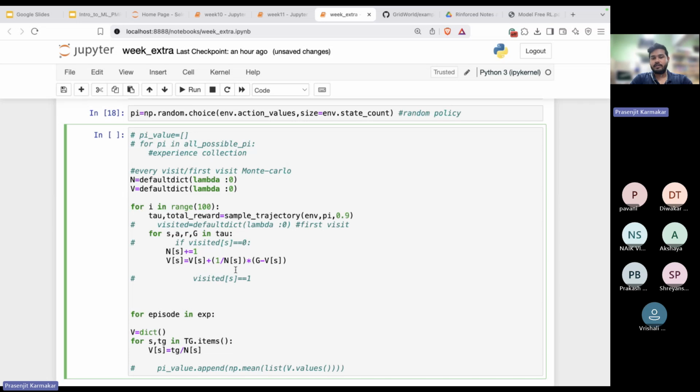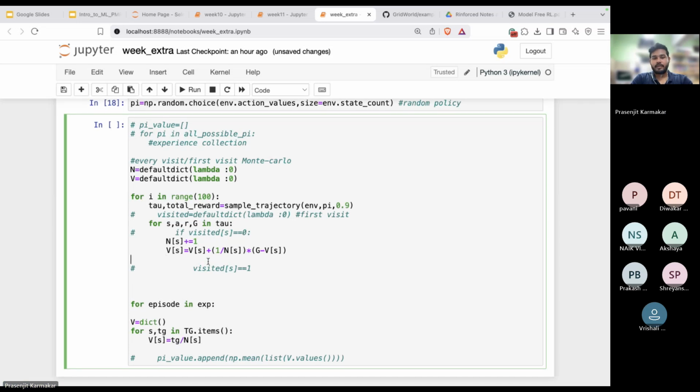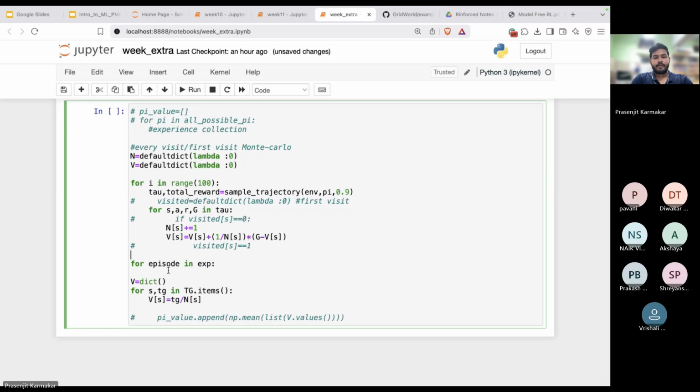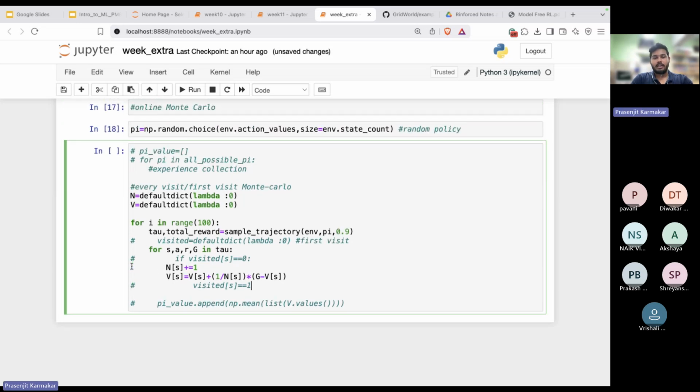You get the idea, right? So now see, I don't have to store the entire experience. I can just collect a trajectory, update its value. So it's optimizing my memory utilization. And I don't have to compute the v separately again. I can just do this.